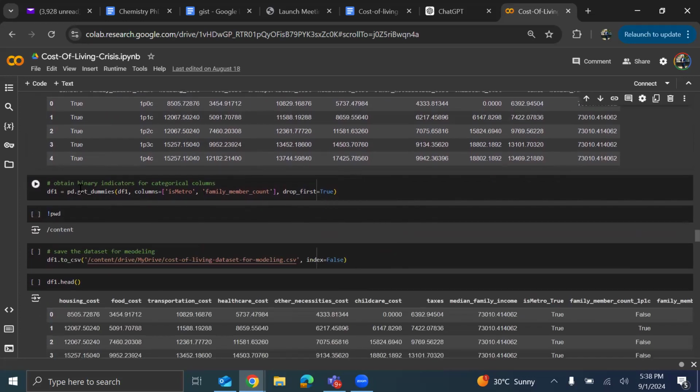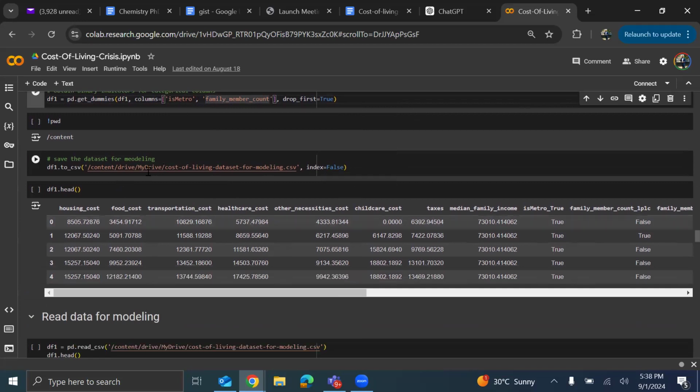Then I created dummy variables for the categorical columns that I have, like is metro, that is, is it a metropolitan area or not, and the family member count. You know that this feature is going to be important. How? Because the higher the family size, the higher the childcare costs. So I believe these columns would help us.